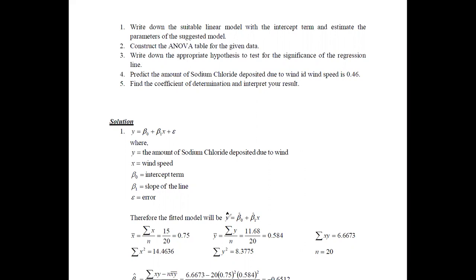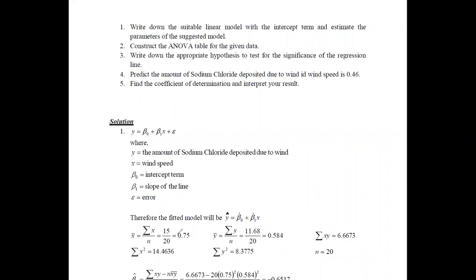You do not need to write x hat, because x is the observed value. Y hat is an estimated value, beta naught hat and beta 1 hat are also estimated values. Therefore, we use the hat notation for the estimated values.